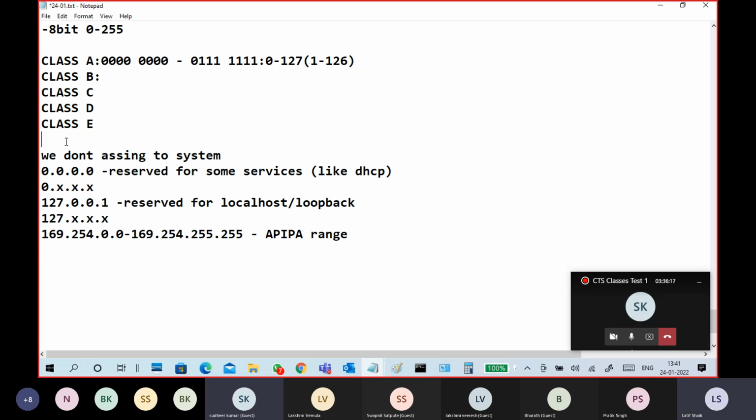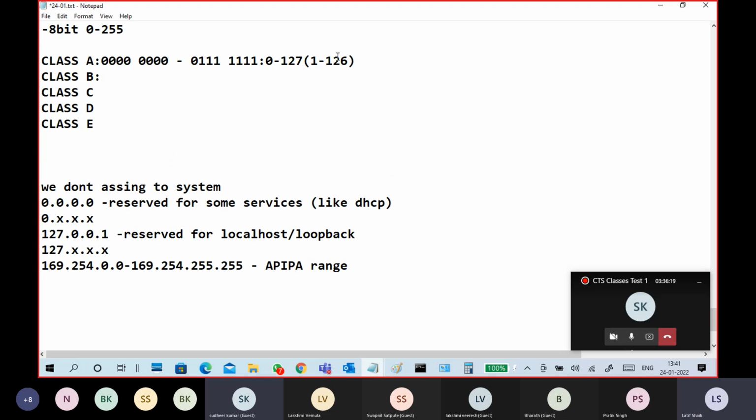That's why certain textbooks or the internet show class A as 1 to 126, even though I said 0 to 127 based on the value calculation: the 0.0.0.0 series is reserved for certain services, and the permanently reserved 127.0.0.1 is for loopback or localhost. That's why they don't write it, but the original range is like this.